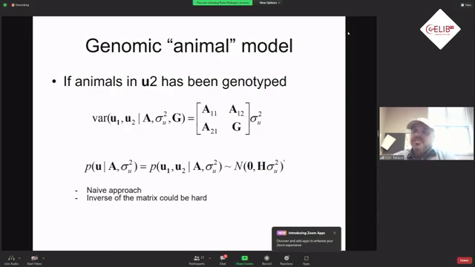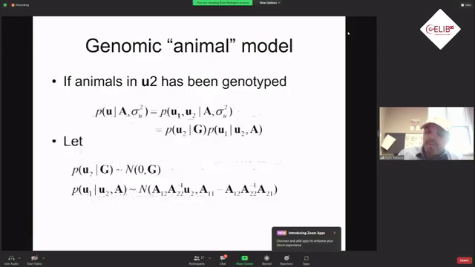This matrix will be as big as the number of animals in the pedigree. You cannot invert this directly. Doesn't matter what computer you have or how many years you wait, you will not be able to invert it. In fact, you will not have the memory to load it before even starting the inversion. So this is extremely naive, and it's not the way to go.